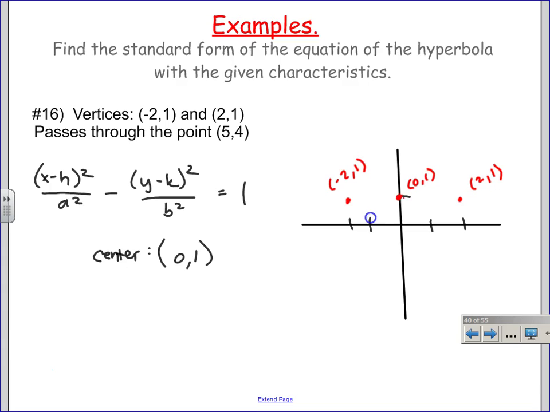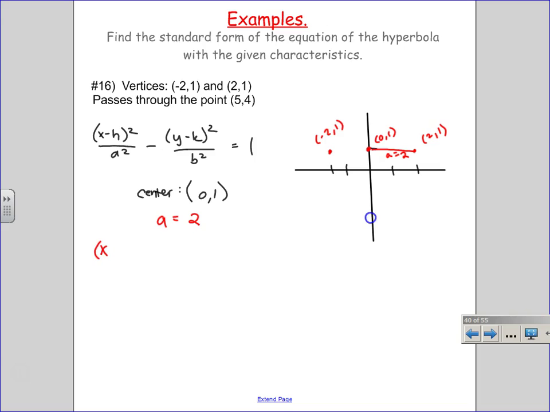Oh, and what's the distance? Which variable stands for the distance from the center, A? A equals 2. Oh. So I know my center is 0, 1, which I already figured out, and then I also know that A is equal to 2, so can't I plug and chug some and say x minus 0 squared all over 4, right? 2 squared. Minus, careful, hyperbola, minus y minus 1 squared all over b squared.